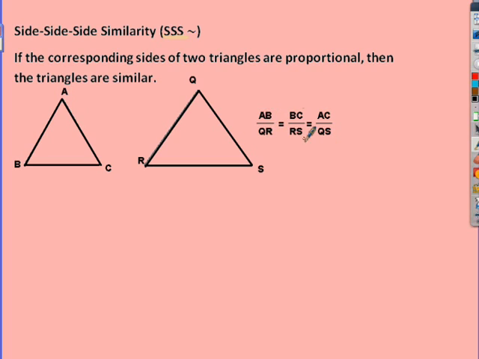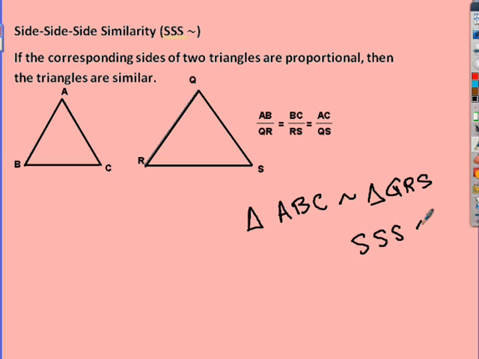So if these ratios, AB over QR equals BC over RS equals AC over QS, so these three sets of sides are proportional, that's enough to say that triangle ABC is similar to triangle QRS. And the reason is side, side, side similarity.